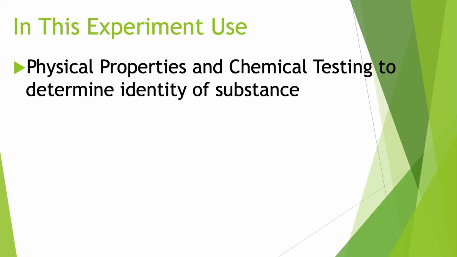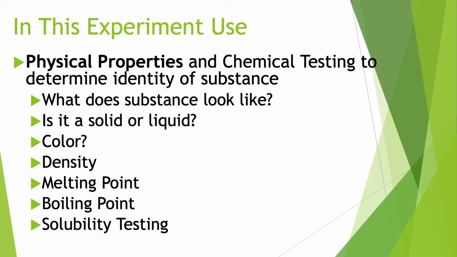What we're going to do is make use of physical properties and also chemical testing. In terms of physical properties, you're looking at what that substance looks like. Is it a liquid? Is it a solid? What color is it? We're also going to take a look at physical properties such as density, boiling points, melting points if it's a solid.